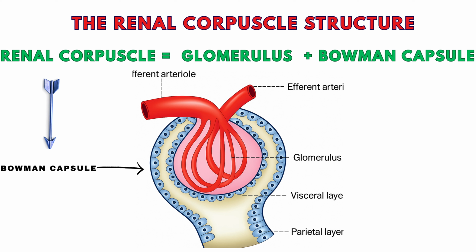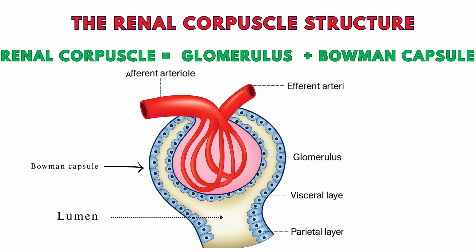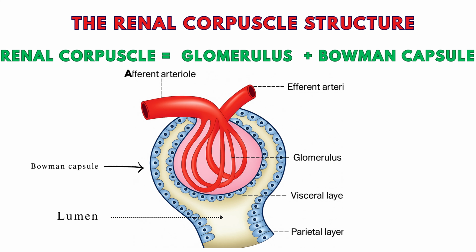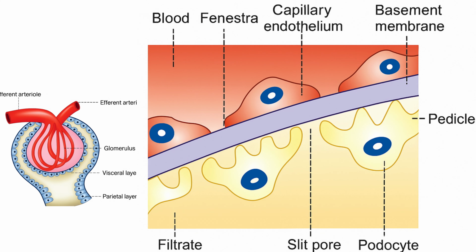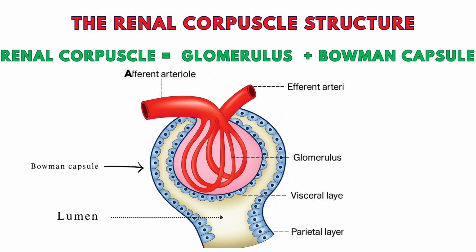The glomerulus is a high pressure capillary bed nestled between two arterioles. The afferent arteriole bringing blood in and the efferent arteriole taking it away. Bowman's capsule surrounds the glomerulus to form a lumen, a space that captures and directs the filtrate into the proximal convoluted tubule.